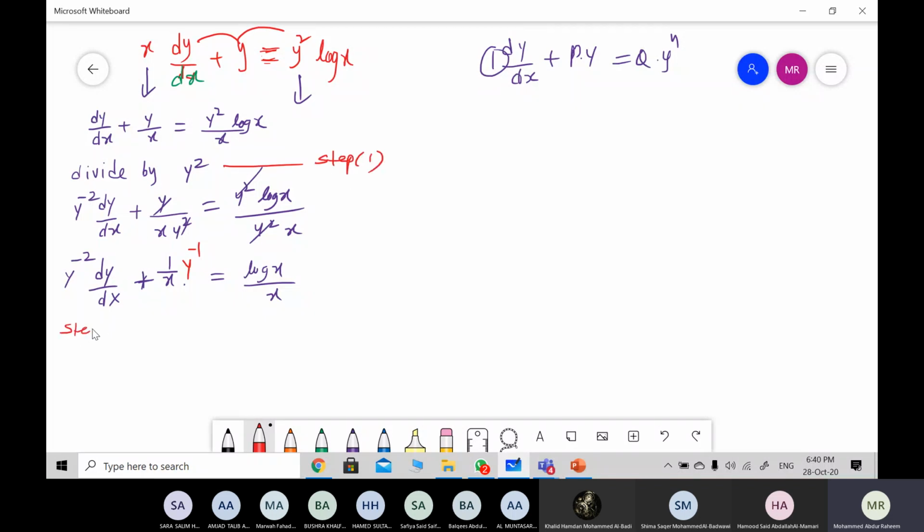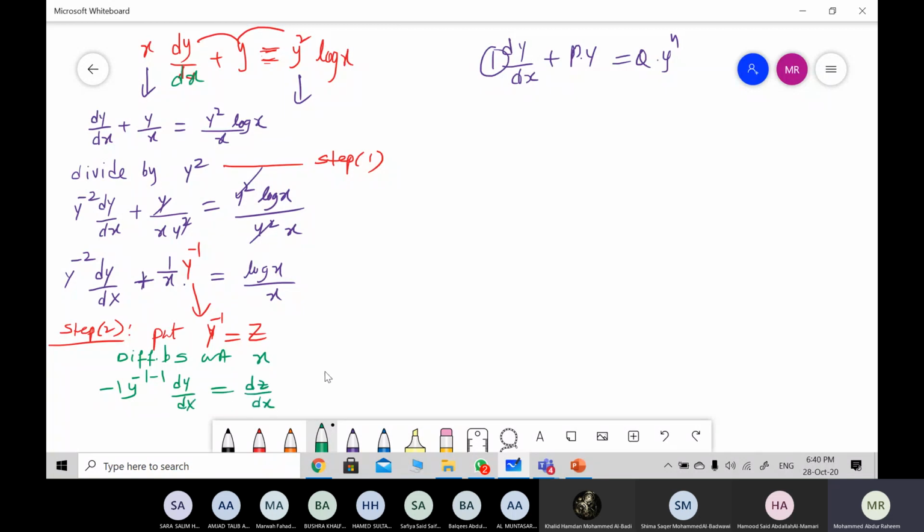Now step 2. What is step 2? Put this term we target as z. Differentiate both sides with respect to x: n x power n minus 1 dy/dx equals dz/dx. So how much?